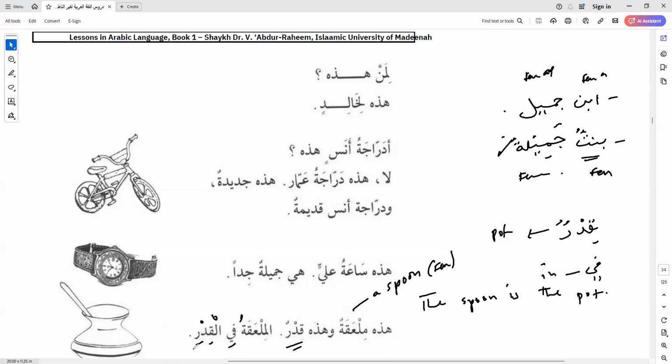The spoon is in the pot. هذه ملعقة وهذه قدر. So قدر is هذه. So it's a female object. Even though it doesn't have the sign of تاء مربوطة, the Arabs are saying, hey, that is our female object. Okay, so classify it as it is. So let's move on to the other part of the lesson.